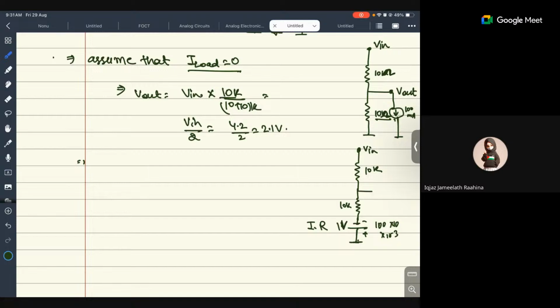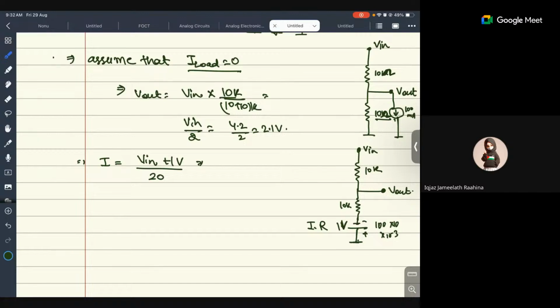Now what is V out? First of all, we calculate the current I. I is V in plus 1 volt, because positive is connected with negative, so these two battery voltages will be added, divided by 20.